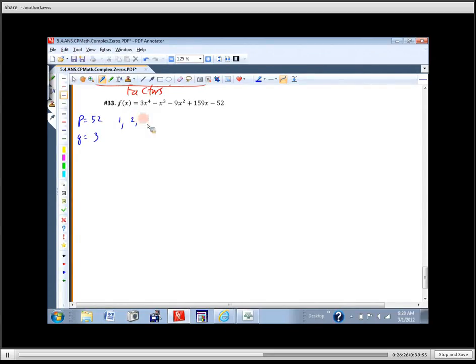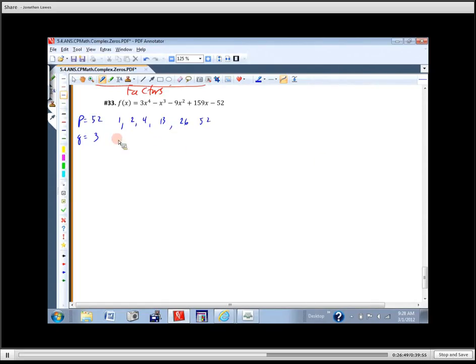Yep. 5? 6? Nope. 7? Nope. 8? 9? 10? Okay, let's write down the ones that this goes in with. So this would be paired with 52. 2 would go with 26, and 4 would go with 13. Okay? Nothing else. Okay? So at least there are only 6 there.